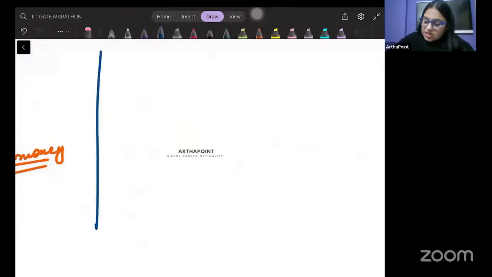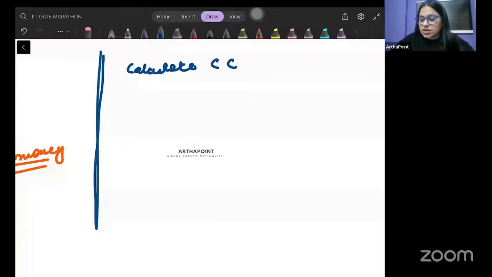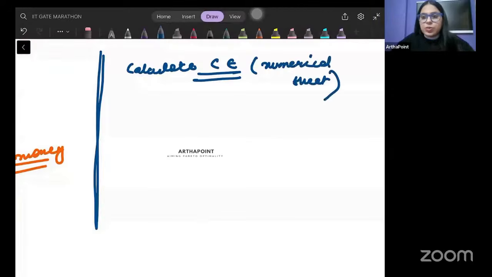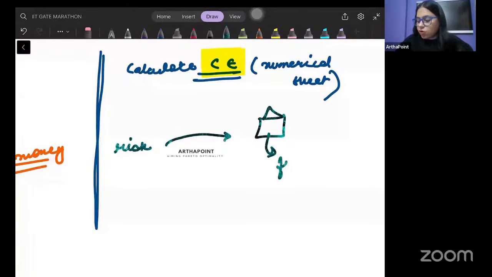Now, the next thing that can be asked in exam is to calculate certainty equivalent. Again, I want you to practice the numerical sheet today itself. There is a question on certainty equivalent in the numerical sheet. What was certainty equivalent saying? It says that if a person is taking risk, then he is getting some utility. Say you tell me, you have to go in this house and this house may fall and there is a 10% chance you may die.